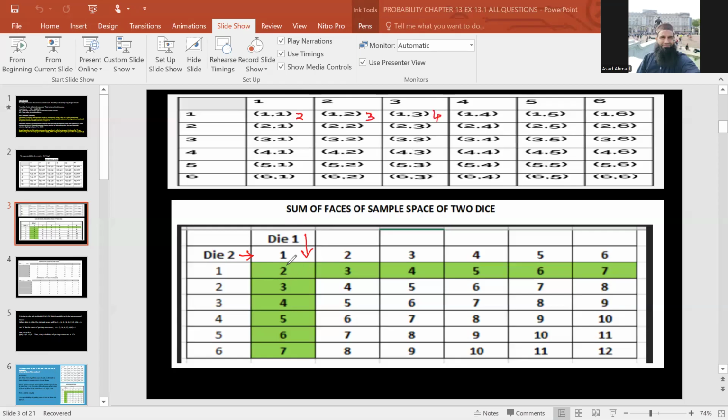So similarly, the sums are written here. The sums of faces are done separately. So this is called a table consisting of the sum of faces of the sample space of two dice. The maximum sum, 6 plus 6, can become 12, so this 12 is mentioned right here. This is how you have to make it quickly, and you need to explain it like this.